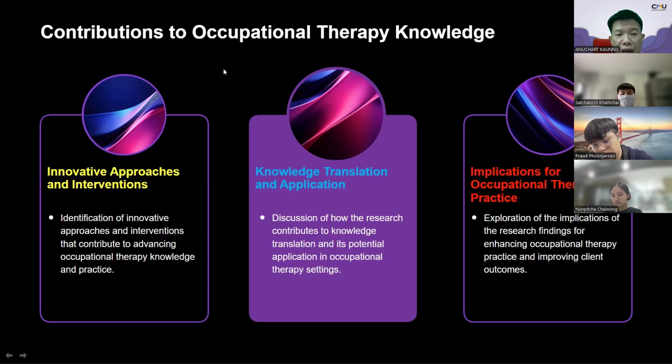An innovative approach and intervention, this is the new. Maybe they have a new paradigm of the intervention. They can modify it, sometimes originating from an existing model but using another way. This is the identification of an innovative approach or intervention that contributes to advanced occupational therapy knowledge.